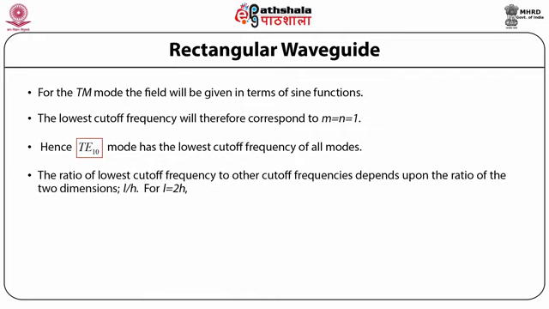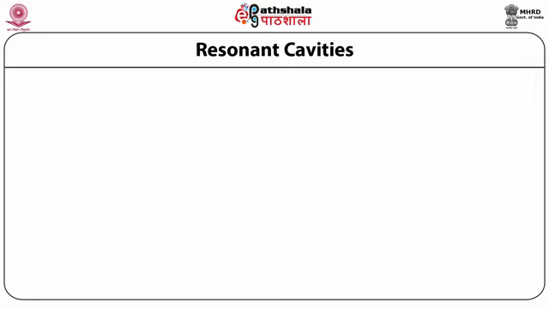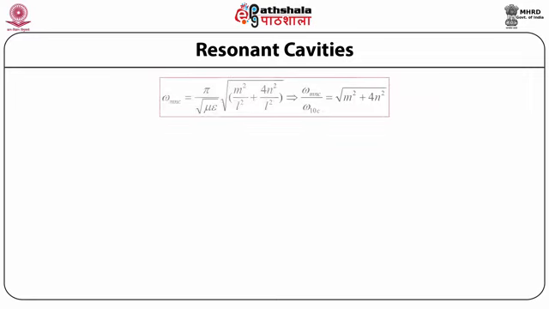So if we consider the case where L is equal to twice h, then the value of the cutoff frequency omega subscript mn c is equal to pi by under root mu epsilon whole times under root of (m square by L square plus 4n square by L square), and this gives omega subscript mn c by omega 10c is equal to under root of m square plus 4n square.